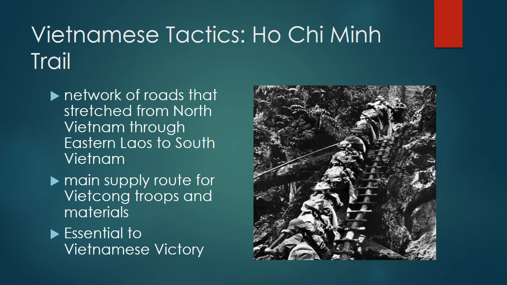The American air operations tried their best to destroy these supply lines and the tunnel system which was used by the Viet Cong in the Vietnam War.